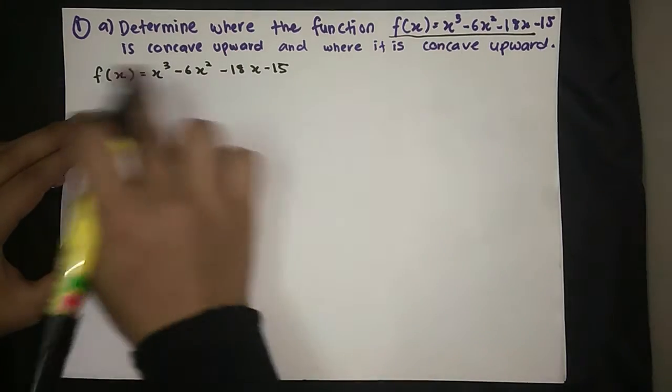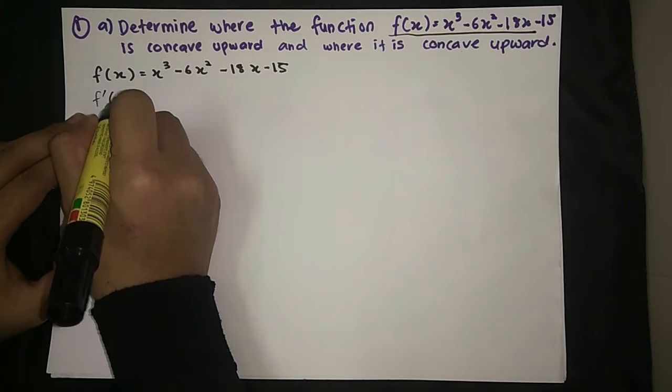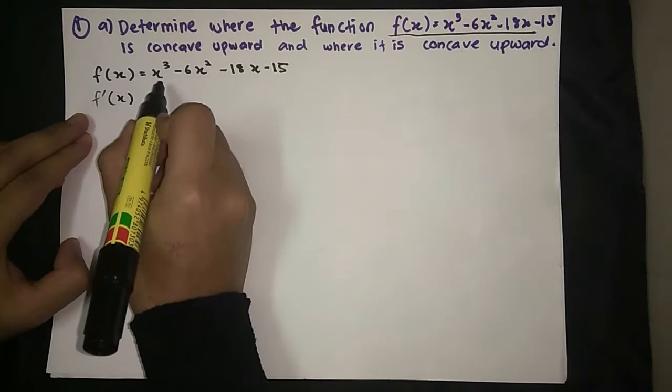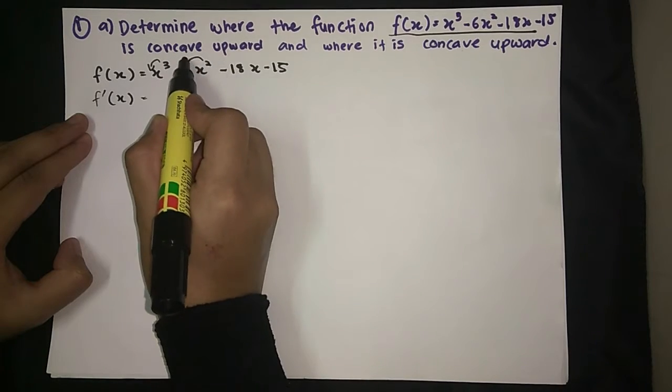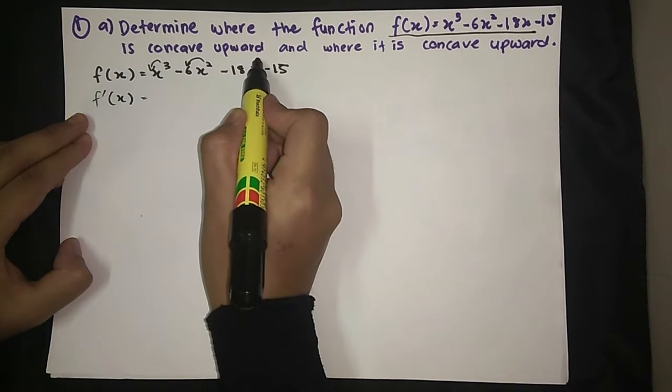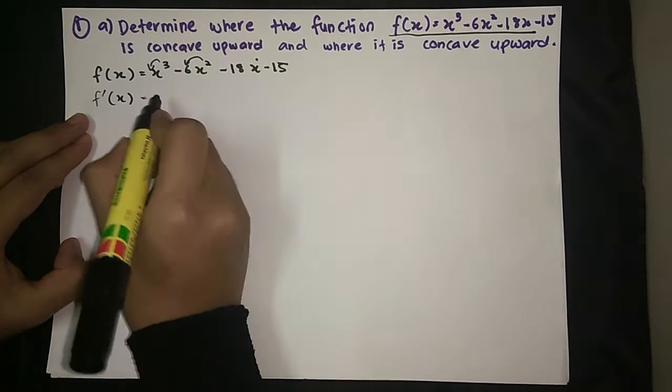Alright, so first we are going to do the first derivative. So the first derivative, we differentiate with respect to x. We multiply the power with the base.